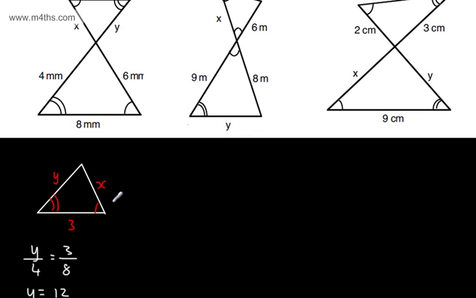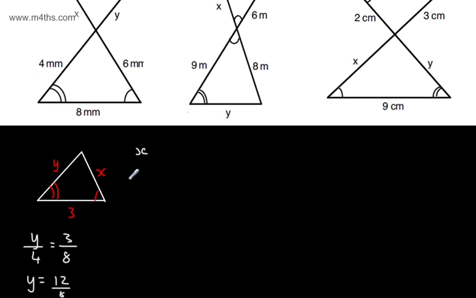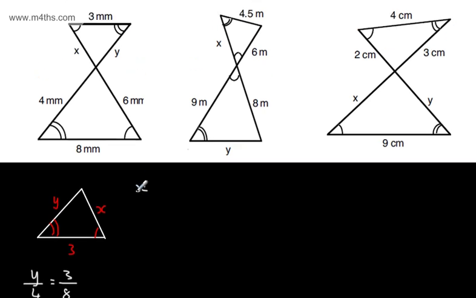If we now look at x, we can say that x over 6, and you might already be using this proportion that we have to begin with. I'm just going to say now that x over 6, and I'll write it this side, x over 6 is going to be equal to our value right here, and we can say that that's going to be 3 over 8.